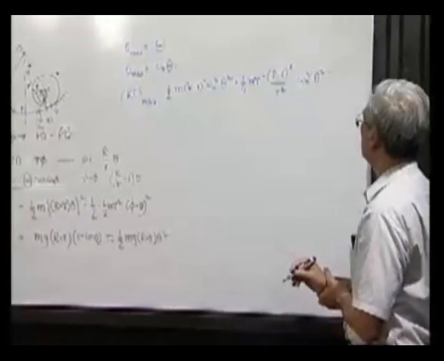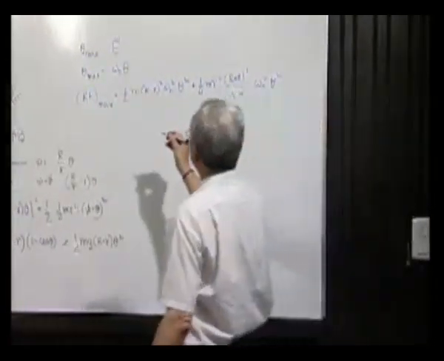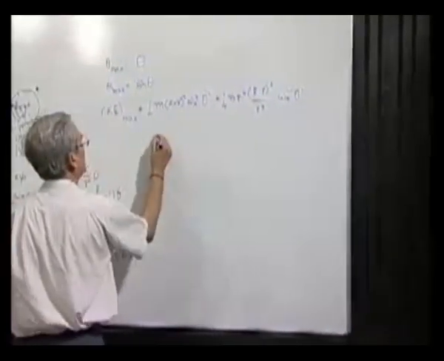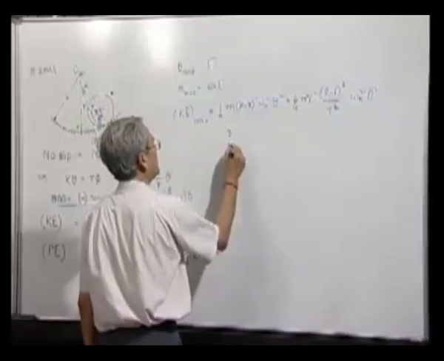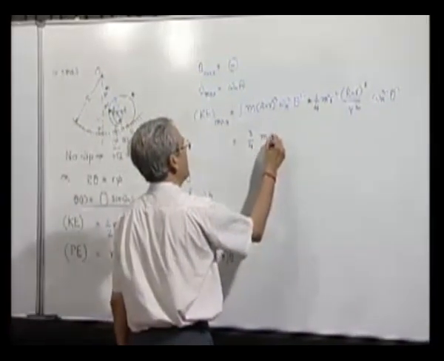So this is the maximum K, and which on simplification will be 3/4 m.